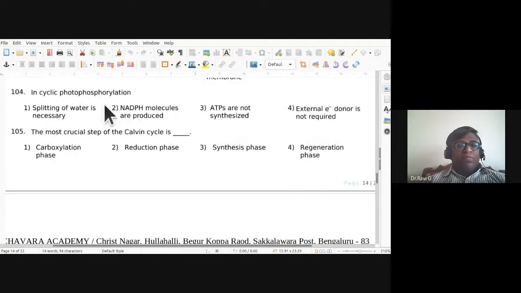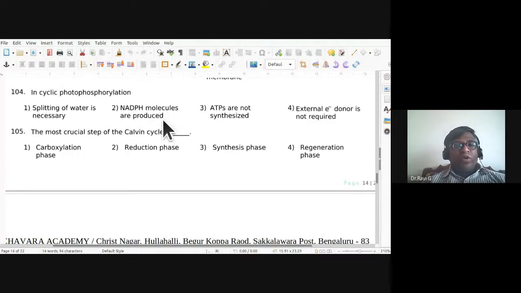104. In cyclic photophosphorylation, splitting of water is necessary. NADPH molecules are reduced. ATPs are not synthesized. External electron donor is not required. So in cyclic photophosphorylation, what is going to happen? Is splitting of water necessary? No, that is not going to happen. It happens in non-cyclic photophosphorylation.